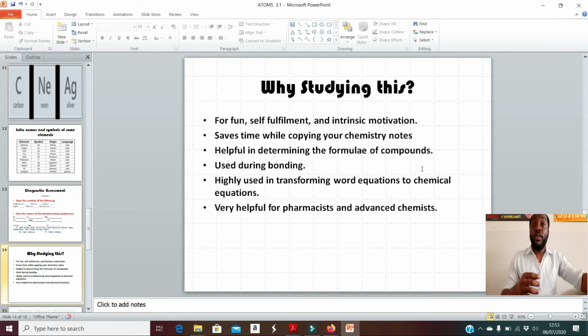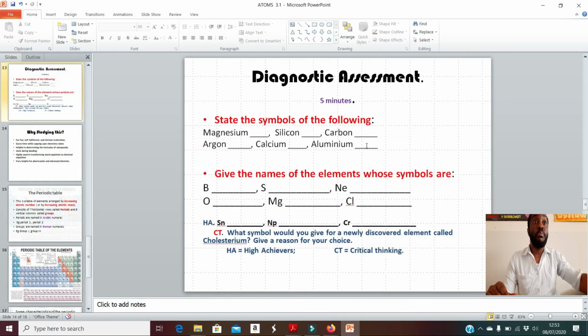Right. Now, before we round up, I want us to look at some questions, or what we call diagnostic assessment, which is a form of assessment to monitor your progress as far as this lesson is concerned.